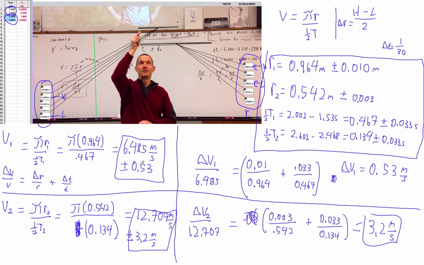There's no way that these could overlap. The fact that they don't overlap means that you have just disproven the constant velocity, right? Now, if they do overlap, you have failed to disprove the constant velocity, right? It still could be true if they overlap, okay?